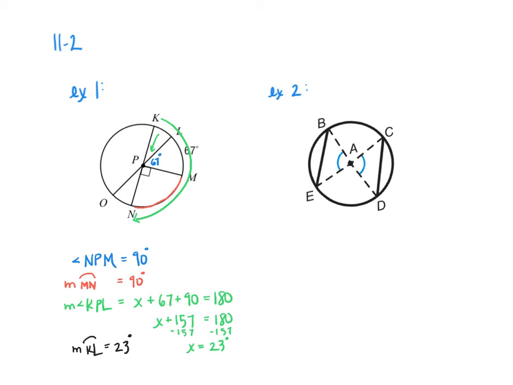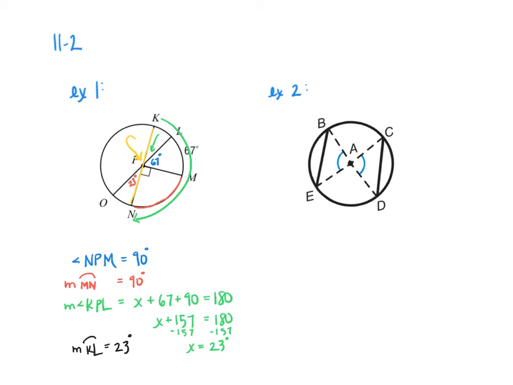So you have to recognize that your central angle is going to be the same as that arc that is associated with it. Now, the other thing I want to talk about is, don't forget what you know about vertical angles. Since the measure of angle KPL is 23 degrees, this also has to be 23 degrees, which means you could find this measurement because here, once again, we have a semicircle.